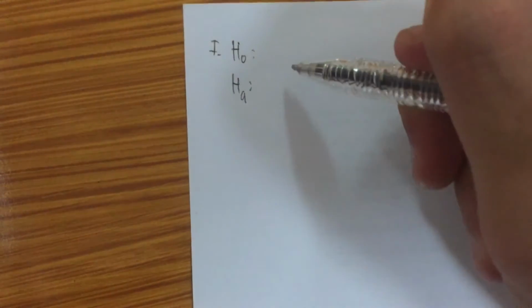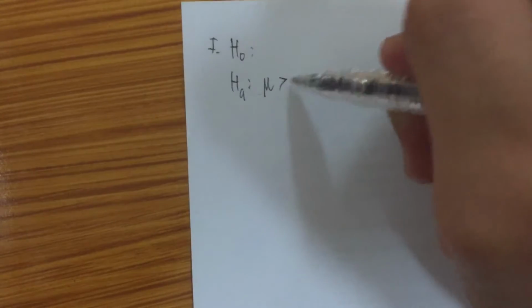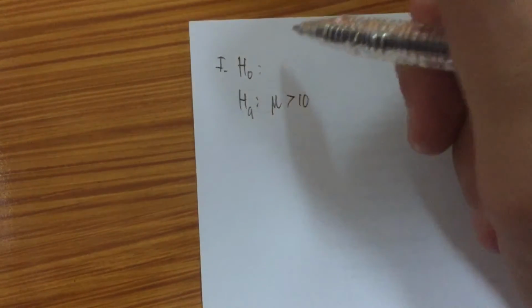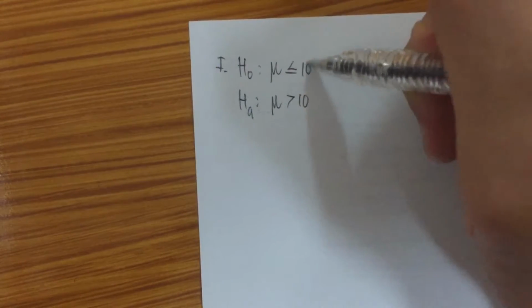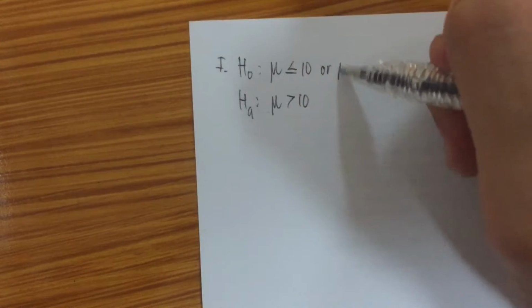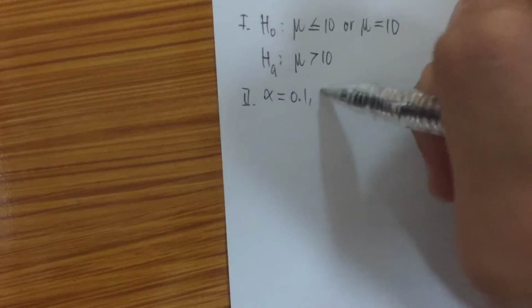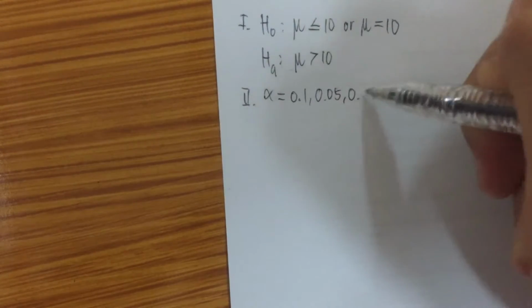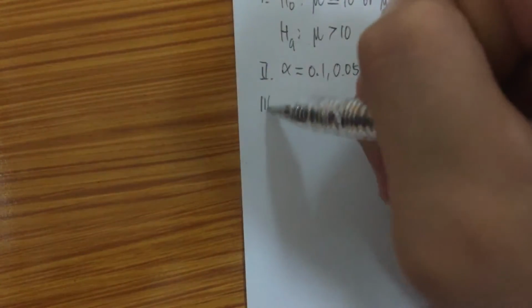So that should be your alternative hypothesis, that's mu greater than 10. And for the null hypothesis, that's either mu less than or equal to 10 or mu is equal to 10. Now, step 2 again, let's use all the 4 values of alpha. And in step 3, we will identify the test.